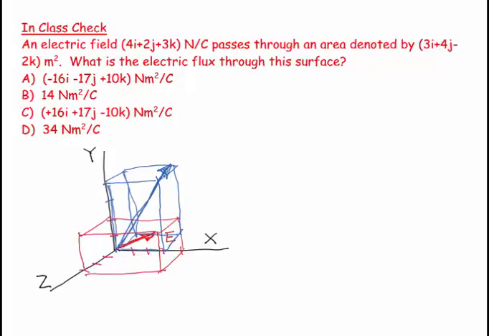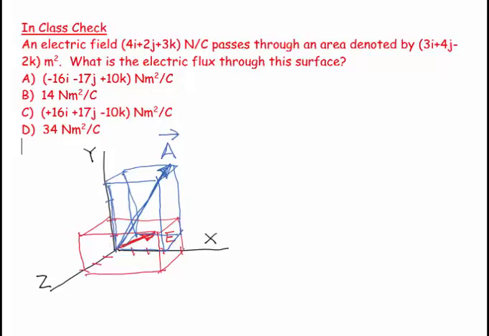Now in reality you don't have to draw it to scale like I am. I'm just trying to give you an idea of how powerful this is. I have 2 vectors passing through 3-dimensional space.